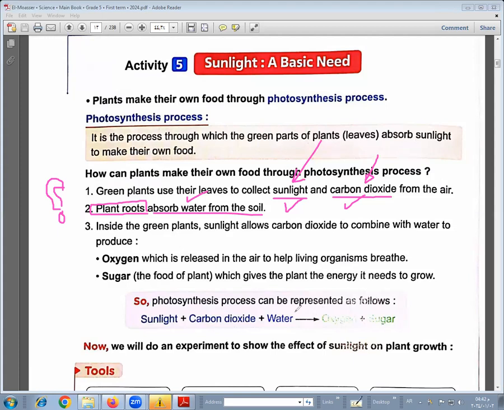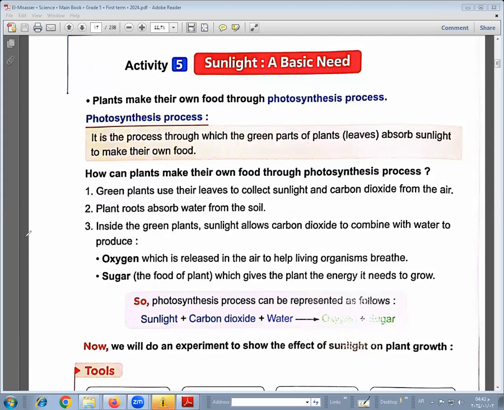So if you have sunlight, carbon dioxide, and also water, what will you make? Who can predict what will happen? Yes, inside green plants, which have sunlight, carbon dioxide, and water, like represented in this shape, sunlight plus carbon dioxide plus water will make photosynthesis.